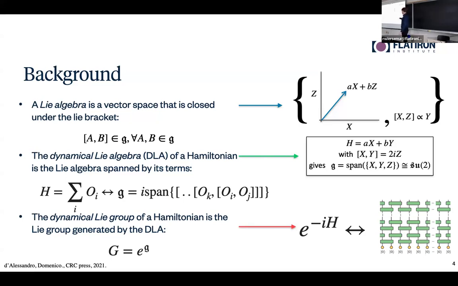If you exponentiate a Hamiltonian, it will always have support in the group that corresponds to this Lie algebra. So if we have SU(2) here, and we exponentiate some Hamiltonian that lives in SU(2), then the dynamics will always be in SU(2), but at the group level.